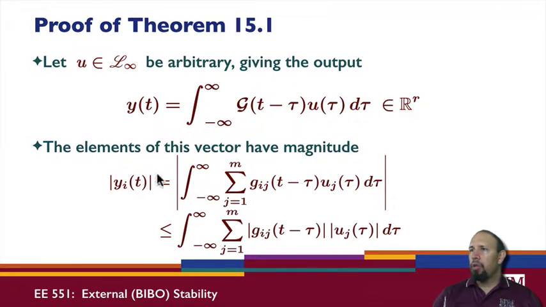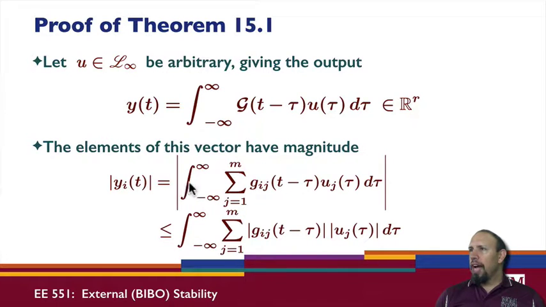By looking at an individual element, we're looking at a row of G. Okay, we're looking at a cross section of the capital G matrix, which is just a row that multiplies u. So the absolute value here is given by this absolute value. Okay, so the ith row of this is basically all of this, and we just take the absolute value.